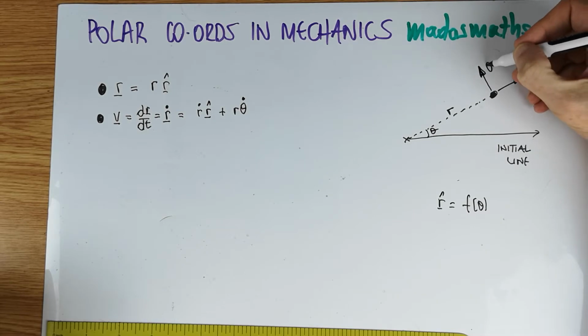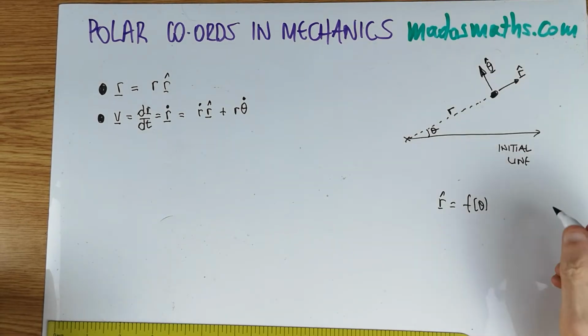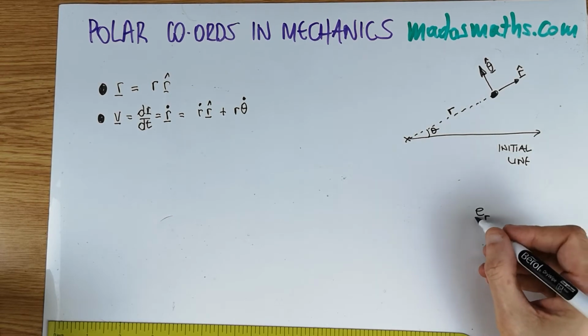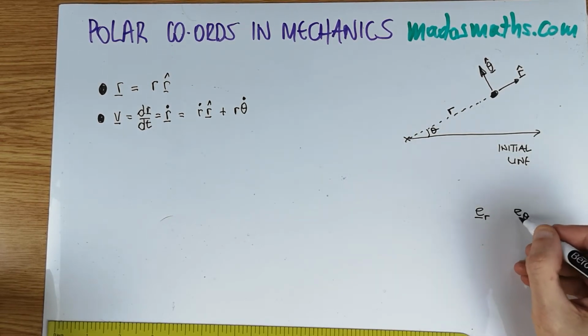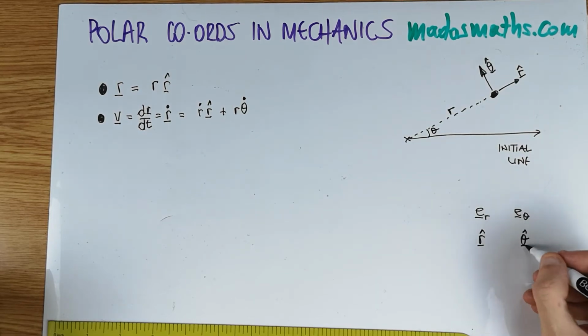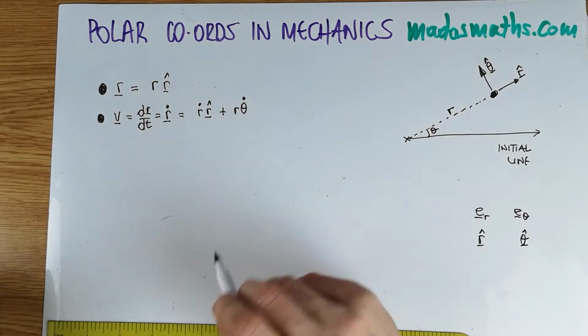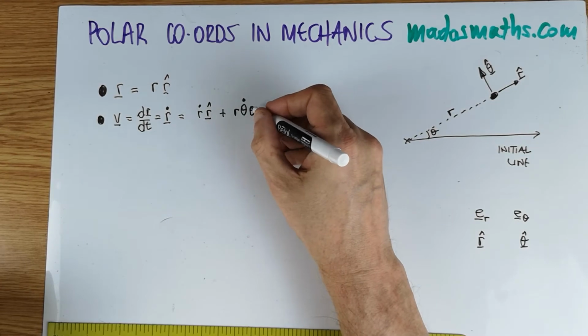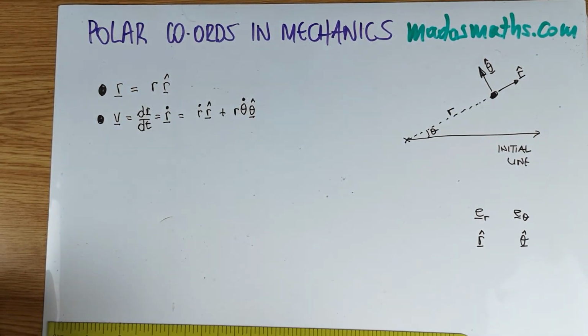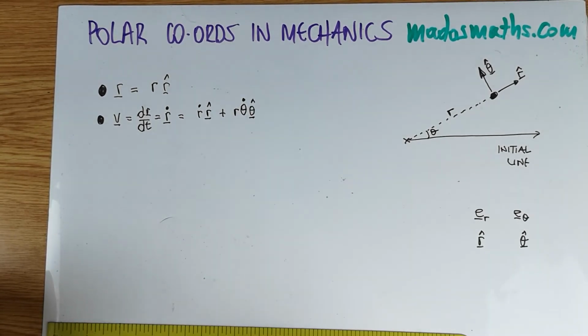And this direction we tend to call theta hat. In this coordinate system, you might see E_r and E_theta vectors. These are the same. I call this r hat and theta hat. It's like your i and your j. And this, of course, will be in the theta hat direction. Okay, so this is now the velocity, and I'll come back to that in polar coordinates.